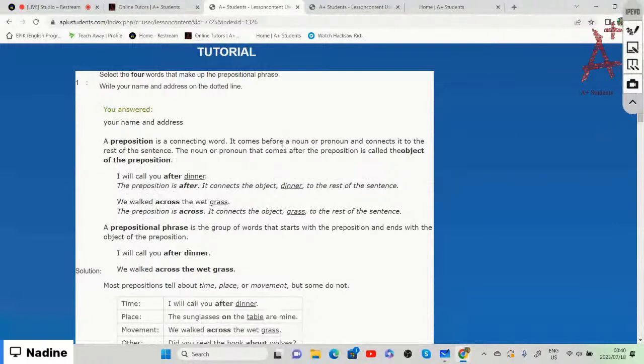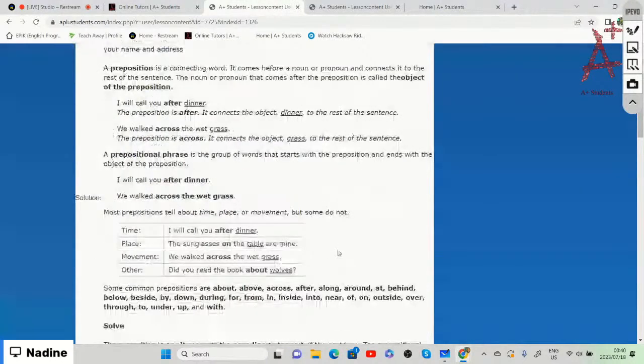The noun or pronoun that comes after the preposition is called the object of the preposition, right? The preposition is a connecting word that connects the object, which is the noun or pronoun, to the rest of the sentence.